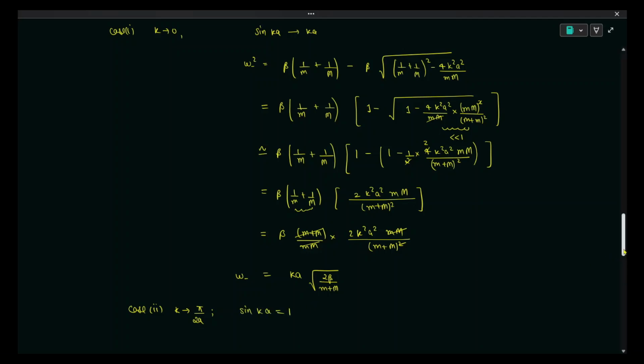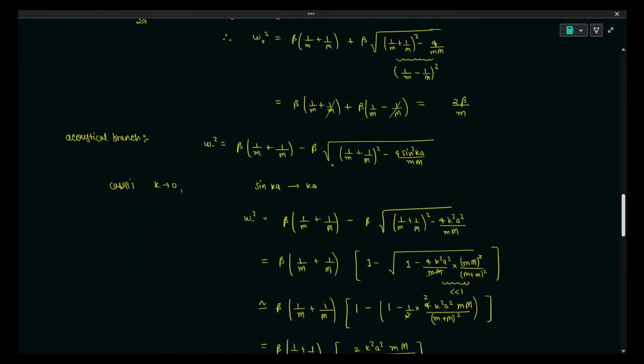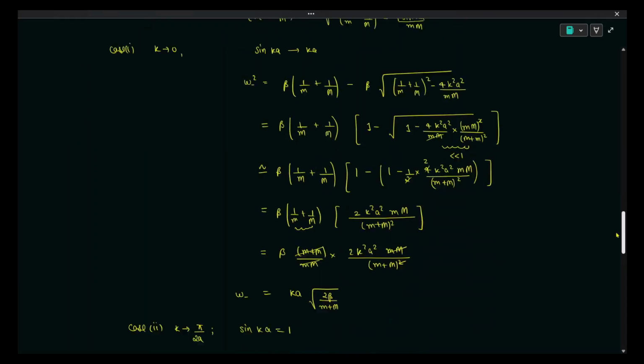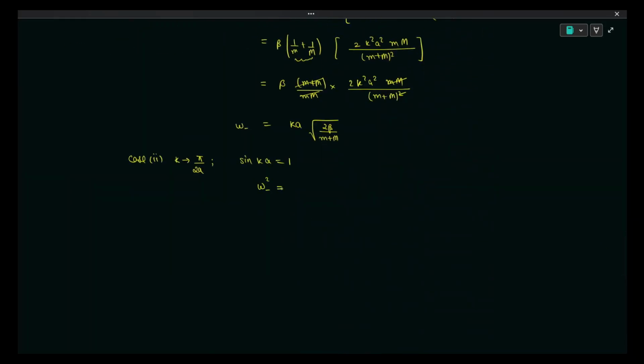So in that case this will be 1, and what we are left with is omega square minus equal to beta (1 divided by small m plus 1 divided by capital M), then minus beta underscore 1 divided by small m plus 1 divided by capital M whole square minus 4 divided by small m and capital M, and again this will be 1 divided by small m minus 1 divided by capital M whole square.